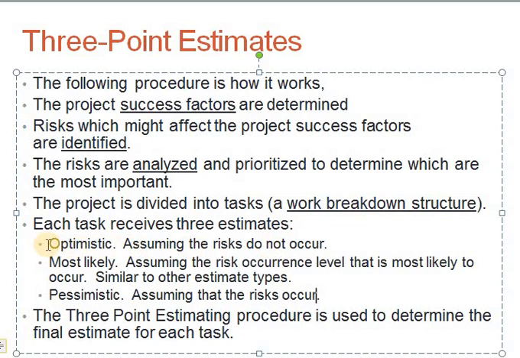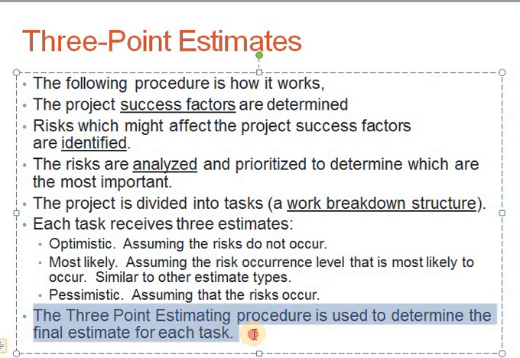So the optimistic estimate is based on the risk not occurring, the most likely estimate is based on the risk occurrence level that is most likely to occur, and the pessimistic estimate is based on assuming the risk will occur. The 3-point estimating procedure is used to determine the final estimates for each task. So using 3-point estimates, we can finalize the estimates for every task.